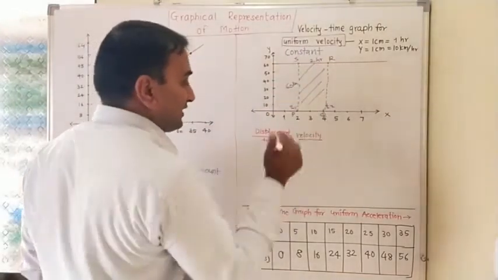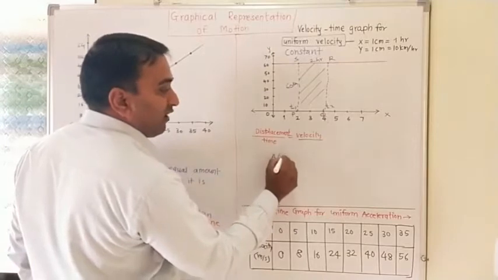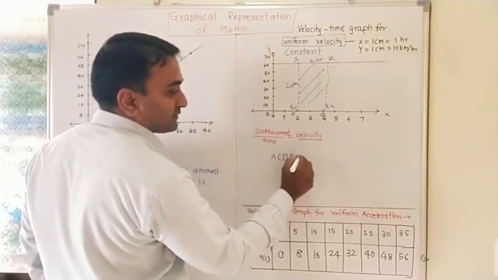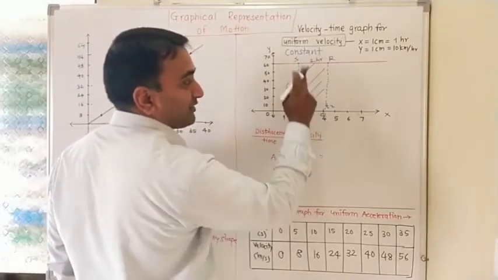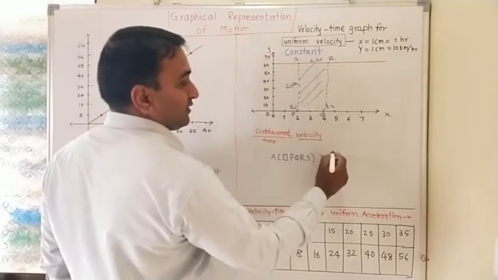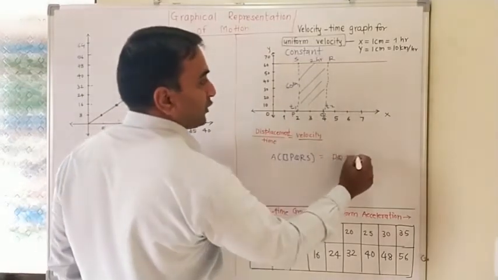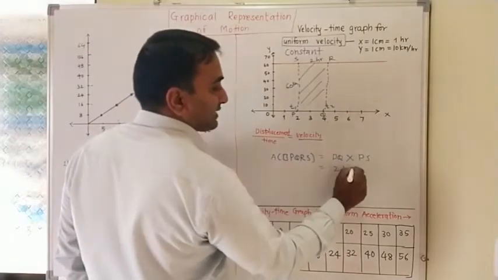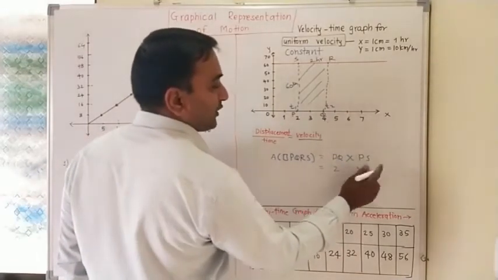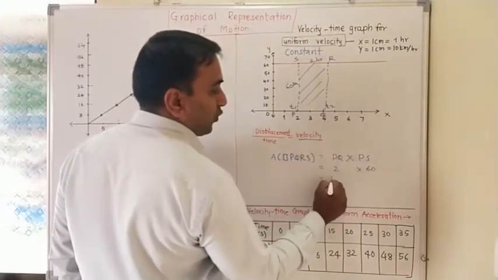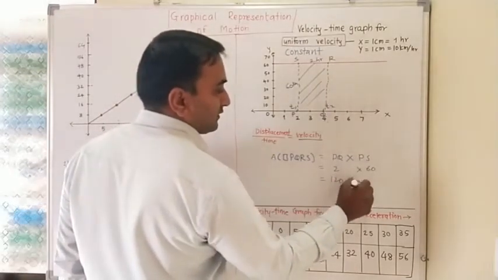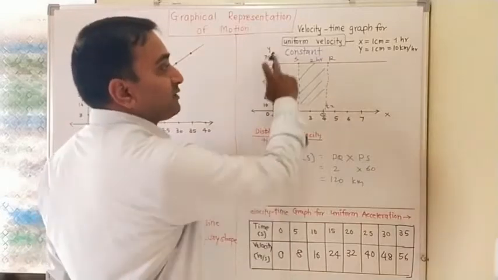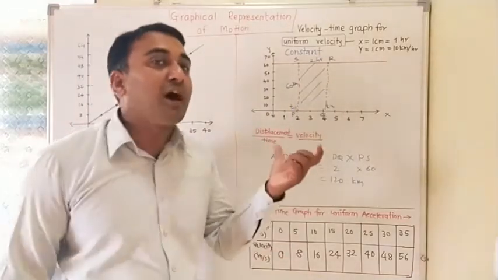So how can we solve this one? See, the area of quadrilateral PQRS is equal to length into breadth, because it's a rectangle. So PQ into PS. So what is here? 2 hours, or 2 into 60. So 120 km, that is the distance traveled by this train within the 2 hours.